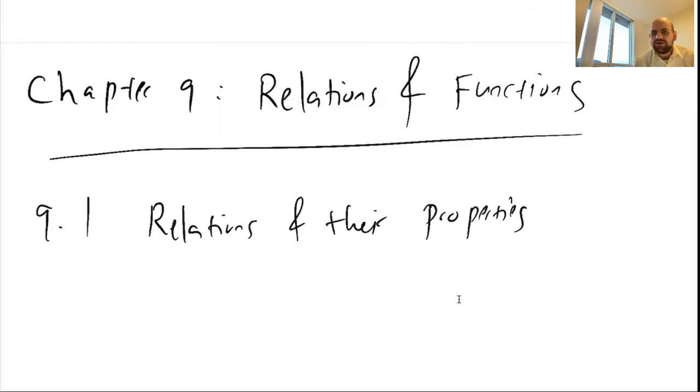So what is a function? A function is a rule that assigns exactly one output to every input. So basically, a function deals with two sets called domain and range, and some pairs where in each pair, the first coordinate represents the input and the second coordinate represents the output.